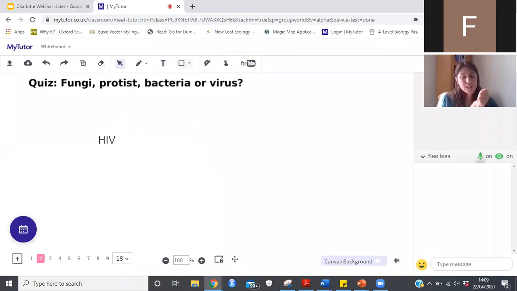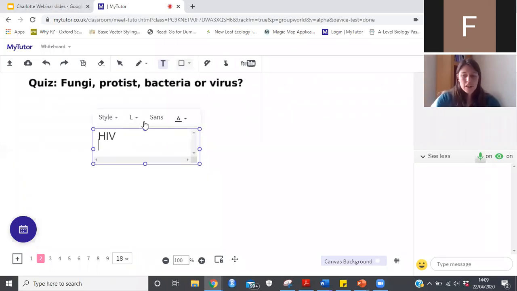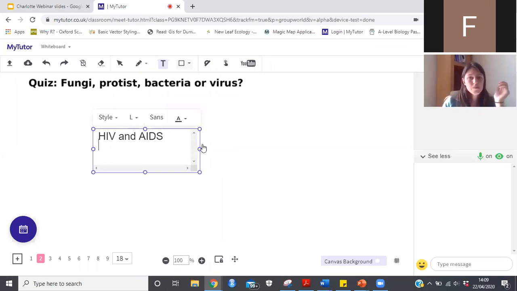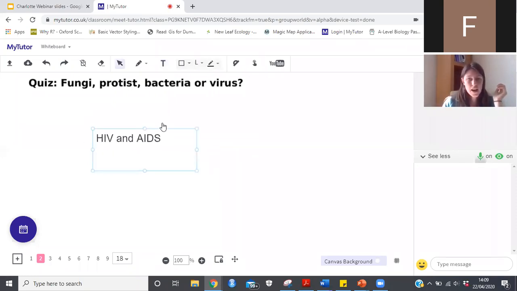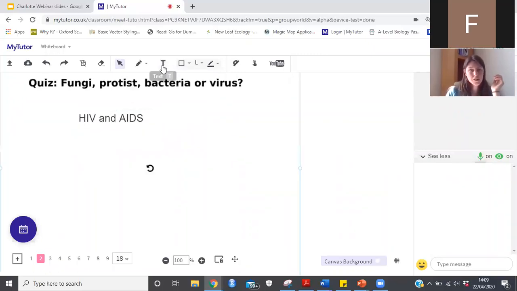So the V in HIV does stand for virus. I suppose I should have put really HIV and AIDS, because HIV leads to AIDS, which is a disease of our immune system, makes us vulnerable to other things. Good, loads of people saying virus.